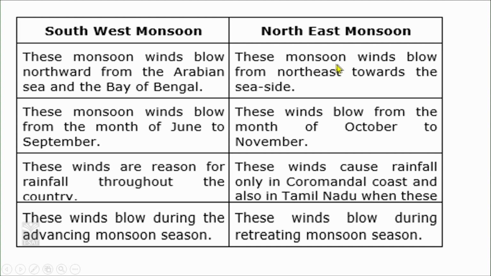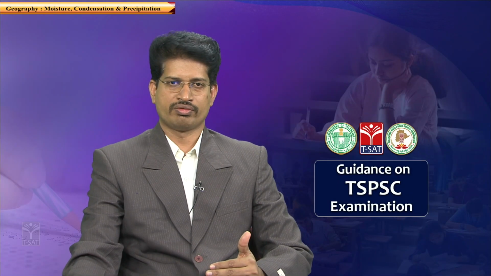The northeast monsoon winds blow from the northeast towards the south, towards the sea. So, they blow from the northeastern direction to the southwestern direction. That is the fundamental difference here.